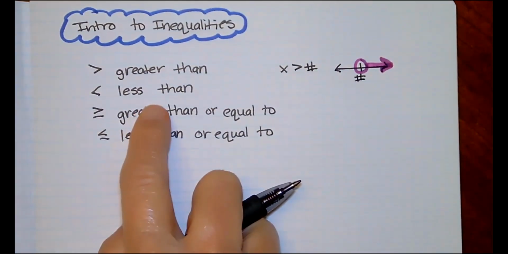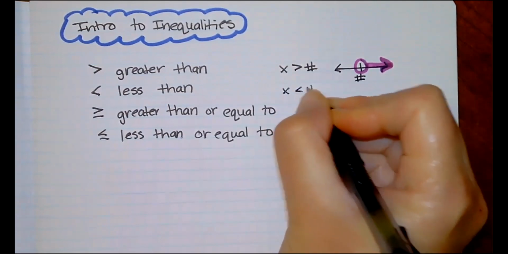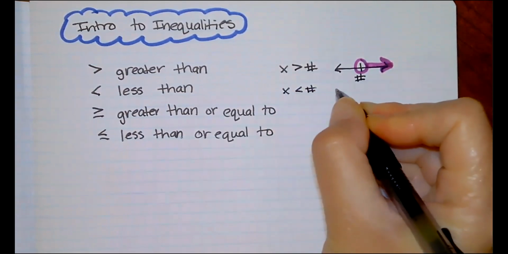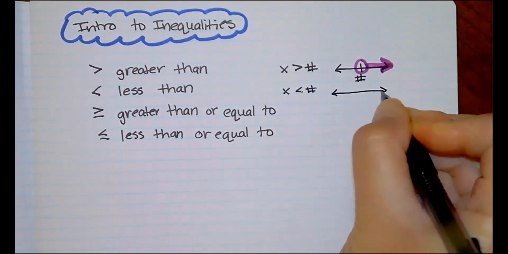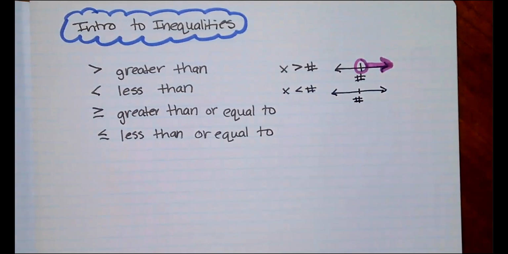Now, if we have a situation where we have x is less than a number, then again, if we have our number line, we're going to have our number.